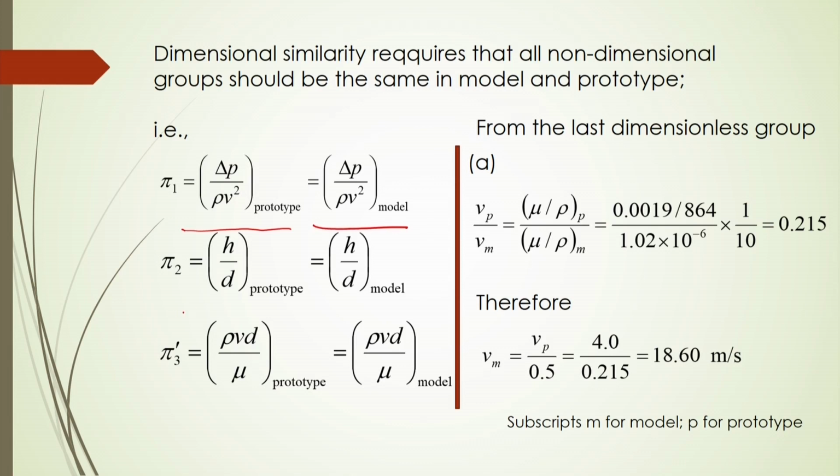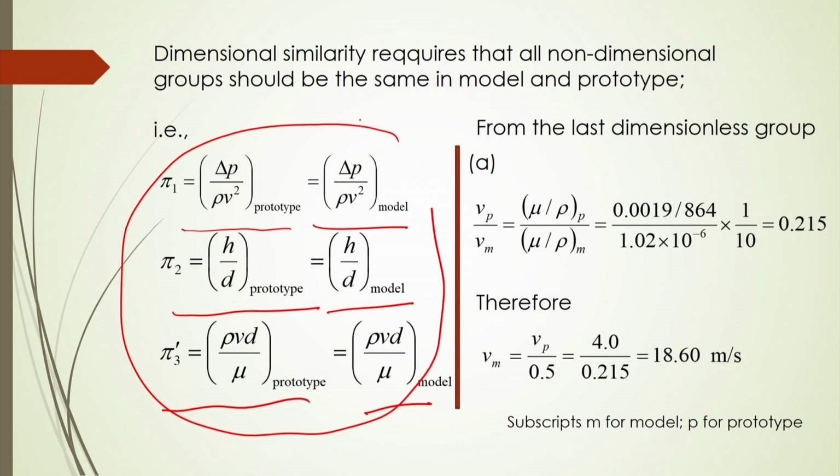Similarly, for pi 2, this ratio in the prototype and model. Even the Reynolds number should be the same in the model and prototype.